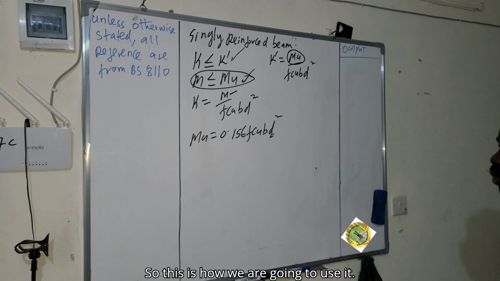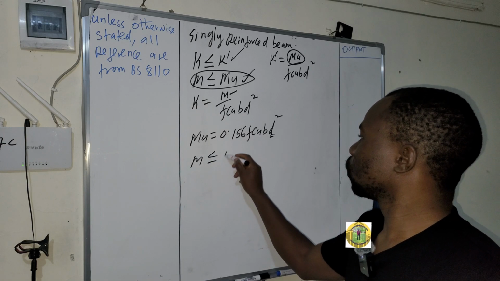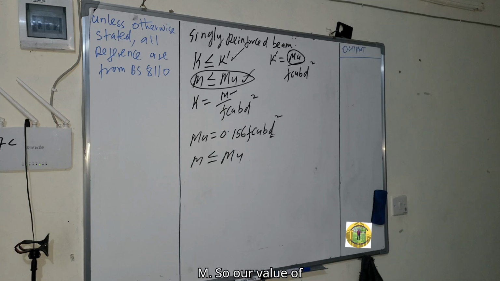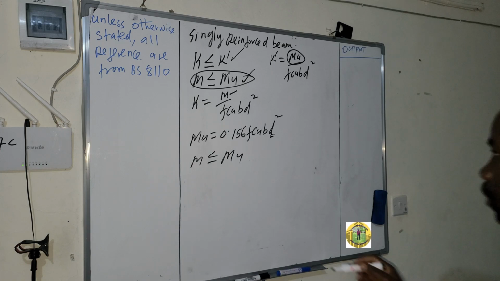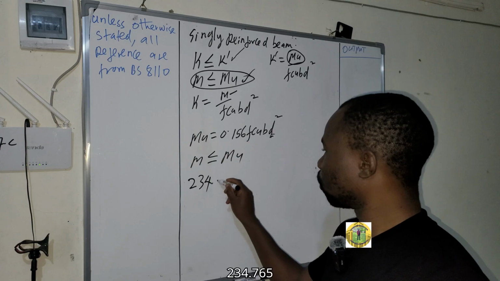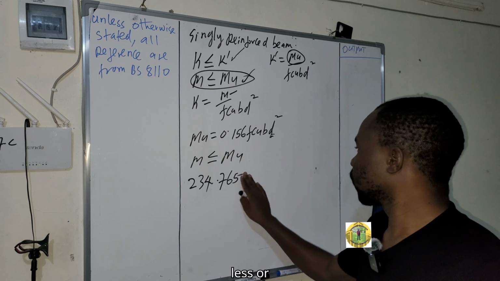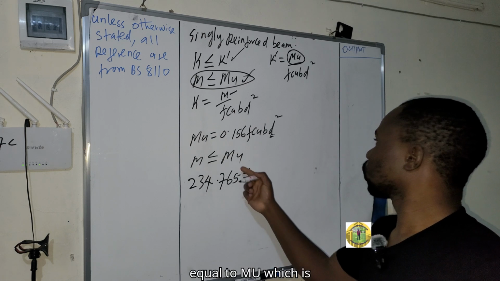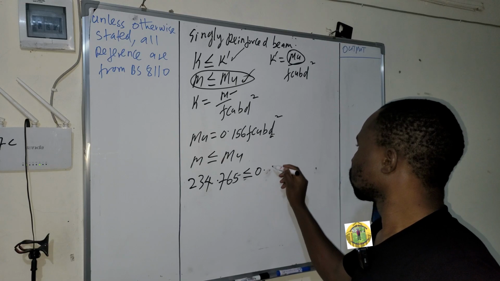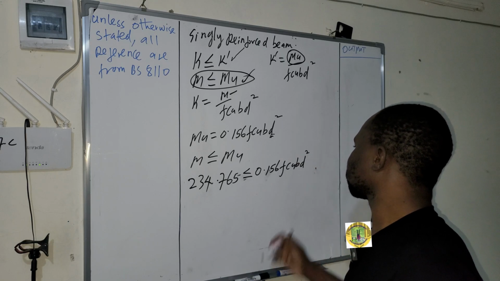So we will say M is less or equal to Mu, but we already have our value of M. So our value of M is 234.765, which is less or equal to Mu, which is 0.156 fcu bd squared.